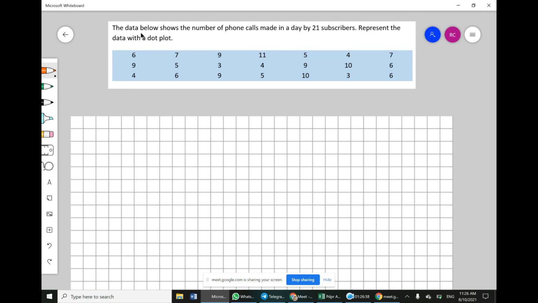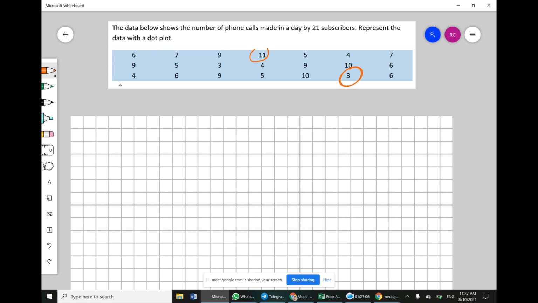The data below shows the number of phone calls made in a day by 21 subscribers. Represent the data with a dot plot. Which one has the highest phone calls? 11, correct. Which one is the lowest? 3.